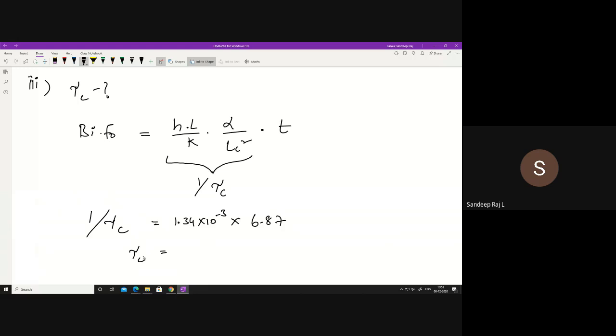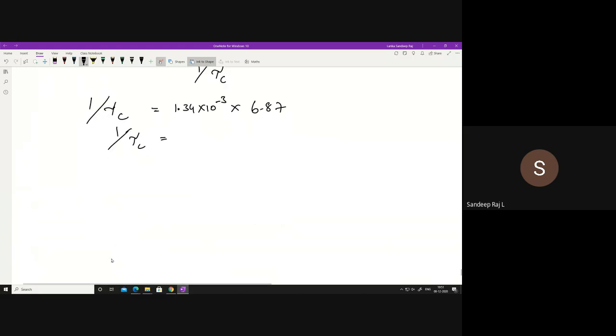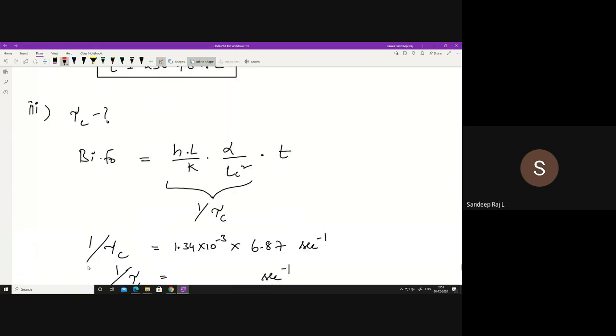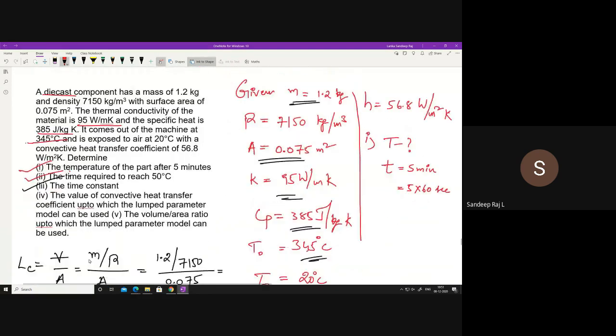This is measured in second inverse, so here you get tau c in seconds. Is it 108? 108.6 seconds. Yes, sir. Right, so you're done with the third question.